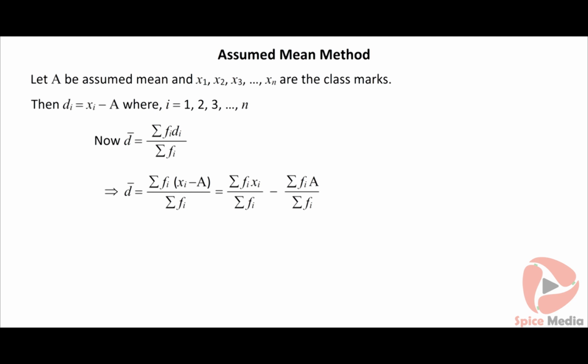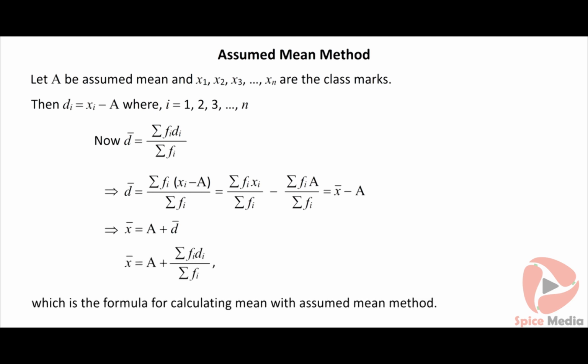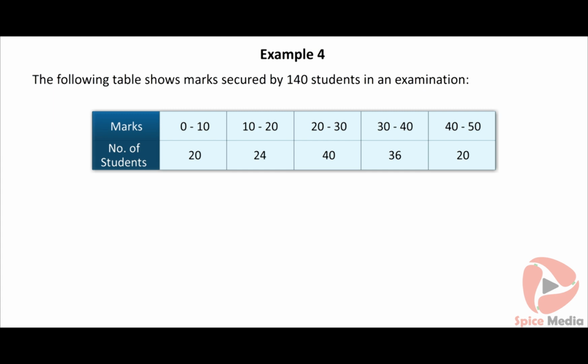Now d bar is equal to sigma fi di by sigma fi, which implies that d bar is equal to sigma fi into xi minus a by sigma fi, which is equal to sigma fi xi by sigma fi minus sigma fi a by sigma fi, which is equal to x bar minus a, which implies that x bar is equal to a plus d bar.